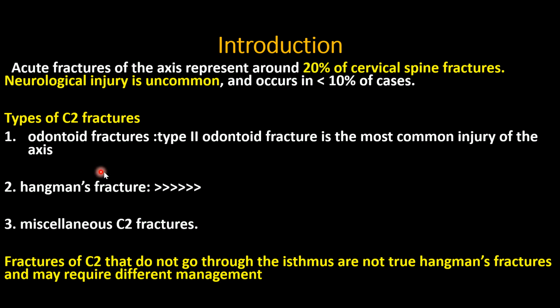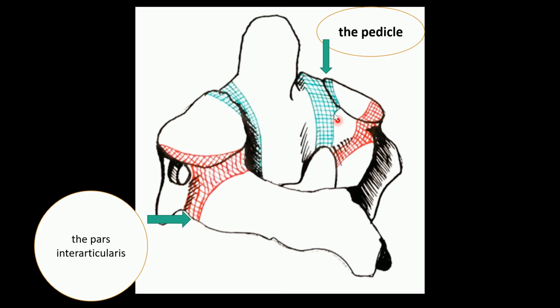Types of C2 fractures are odontoid fractures, Hangman fractures, and miscellaneous C2 fractures. Here we can see the anatomy of the C2 vertebra, the axis, and we can see here the pedicle in the green lines and the pars interarticularis, which is our important concern in C2 in Hangman's fractures, here in the red lines.